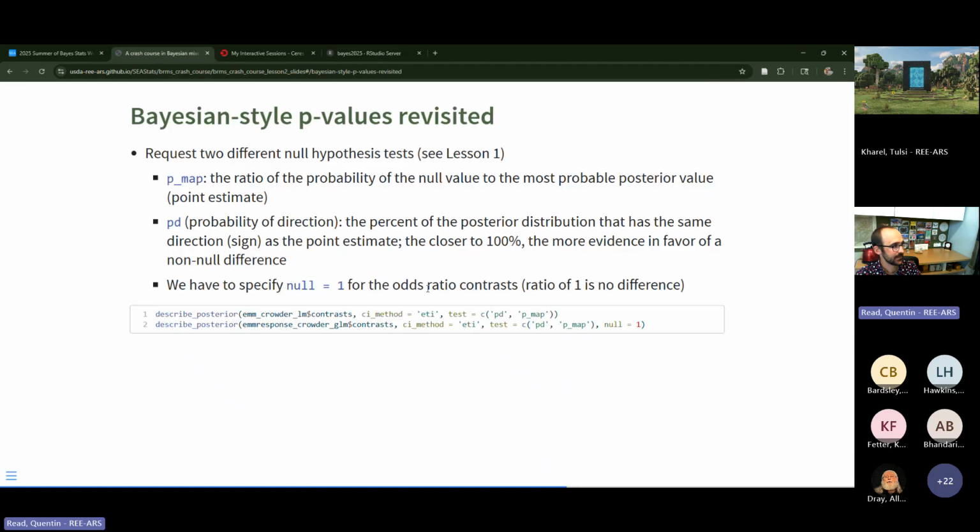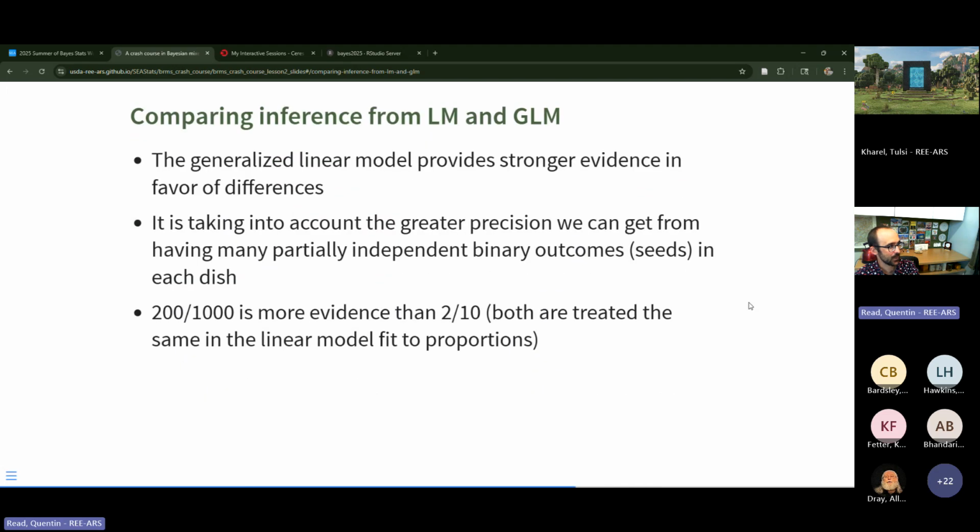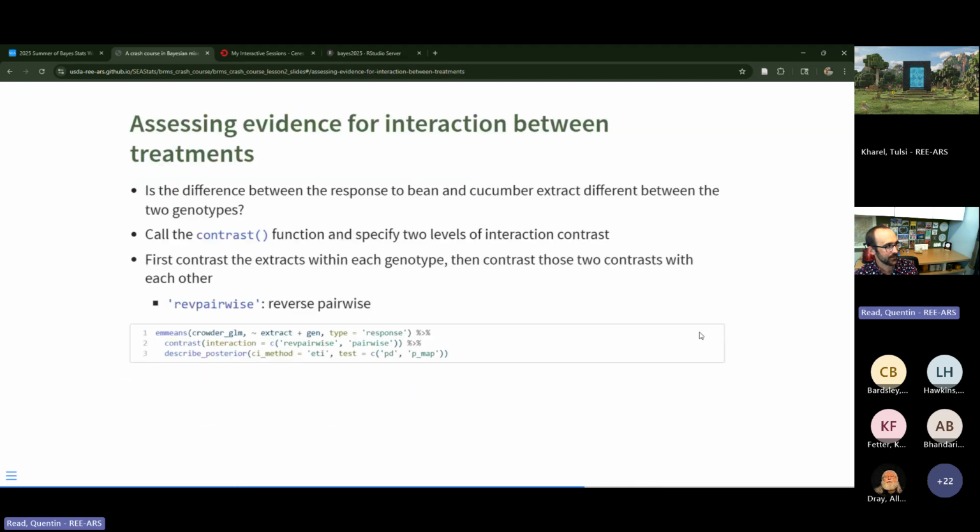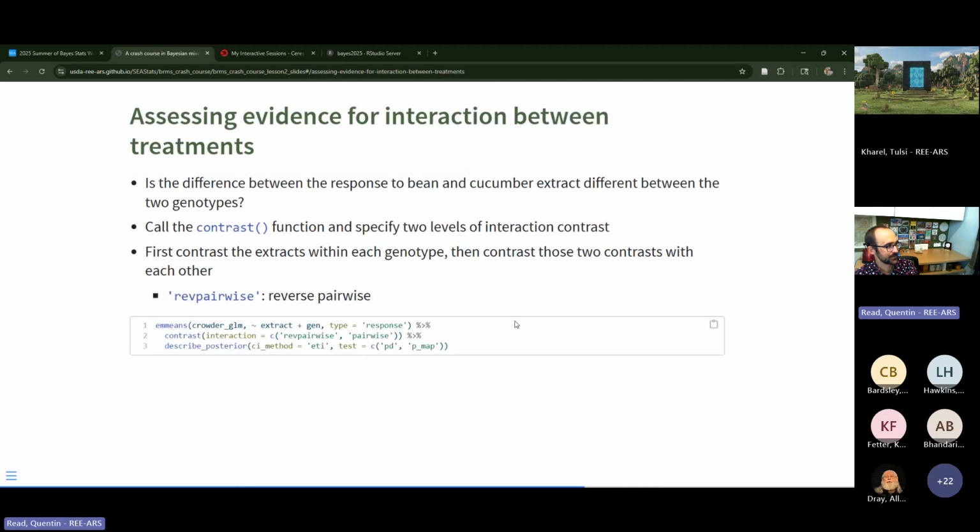The last thing I am going to say about this is you could look at another level of contrasts. If you say, okay, we have evidence that this odds ratio is 0.5 and this one is 0.25, we can make another hypothesis.